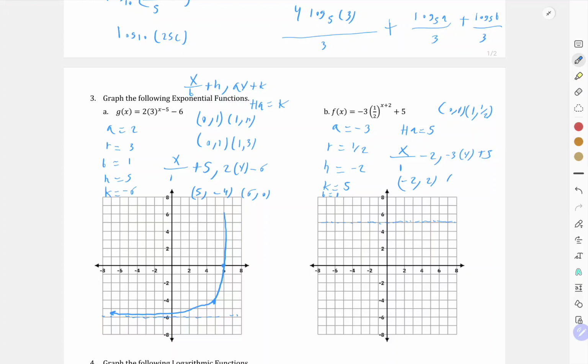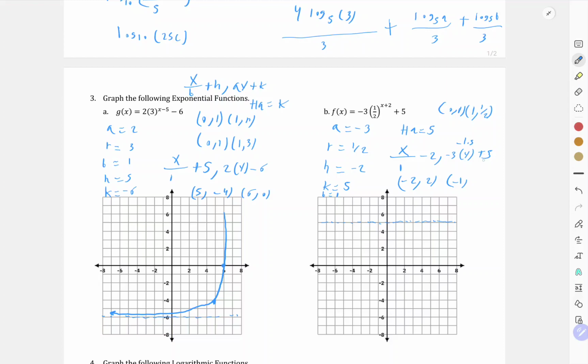Alright, that's our first point. Our next point is 1, so negative 1, so that's just negative 1. And then the next point says 3, so it's negative 1.5 plus 5.